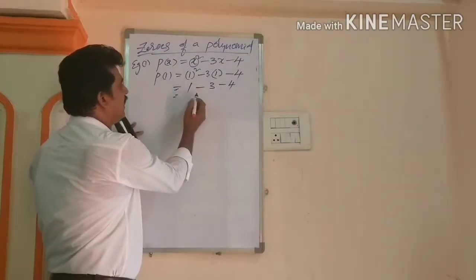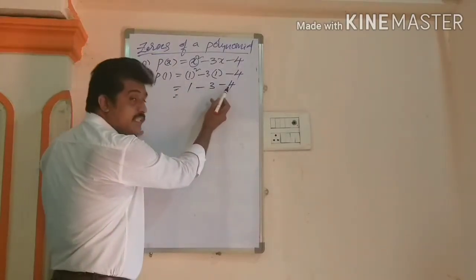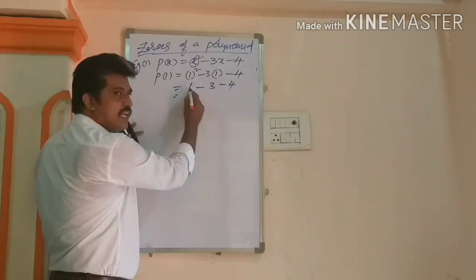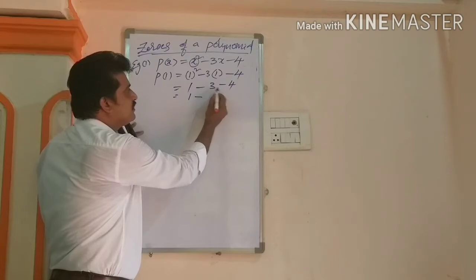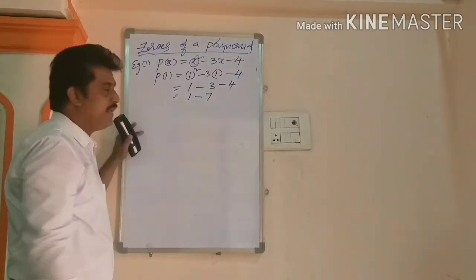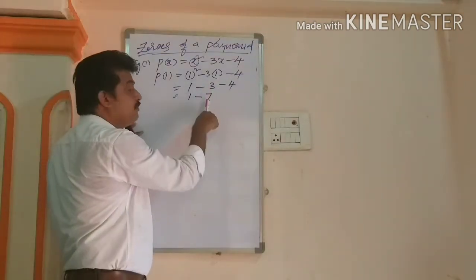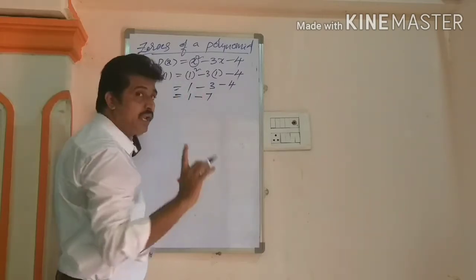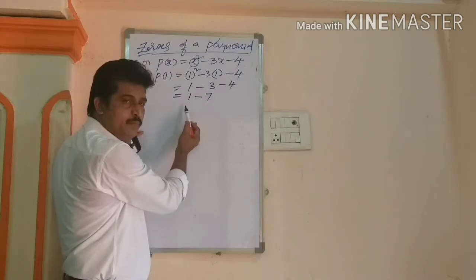So, here this is negative and this is negative. This is only positive. Positive only 1 is there. Negatives 7 are there. Minus 3, minus 4, minus 7. 1 minus 7. See, we cannot subtract 7 from 1.